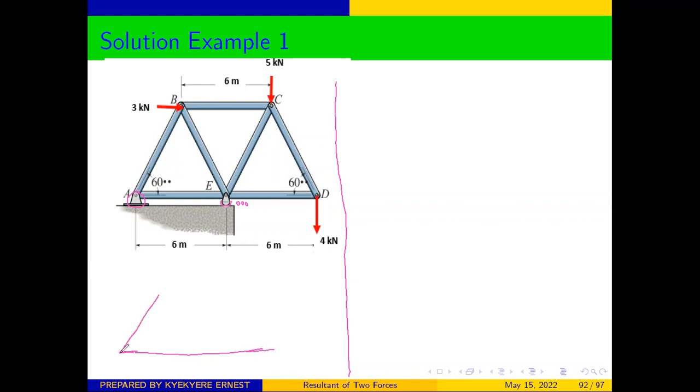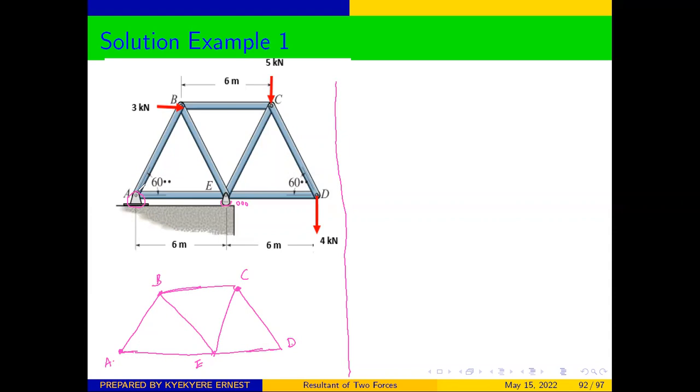This is from A to B. This point is A, this is B, this point is C, and this point is D. Then we have another point in between, and that point is E.